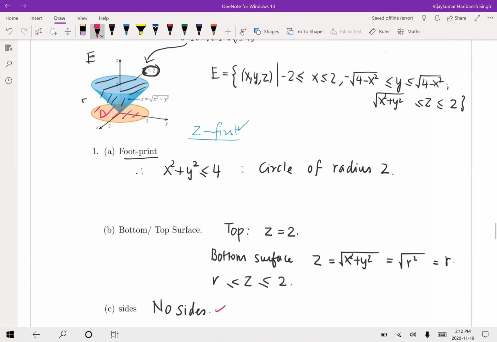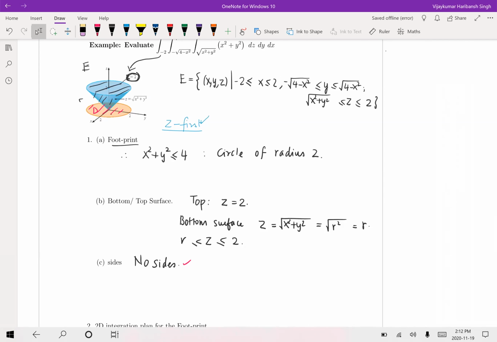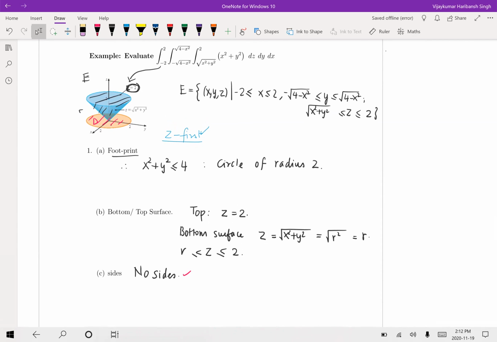Then we are evaluating this integral, let's call this integral I. So first we are going z first, so z goes from r to 2.